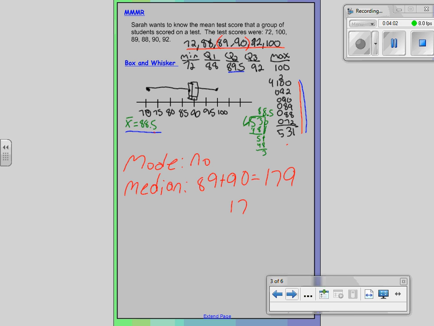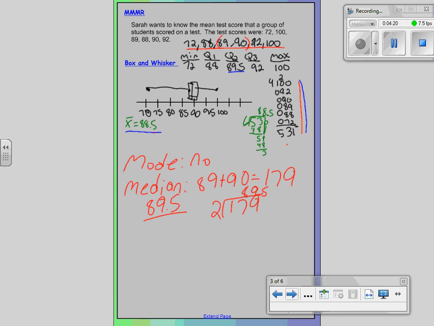You do 179 divided by 2, which gives me 89.5. Now you can do that, but if you look at 89 and 90, the number in between is 89.5. So our median is 89.5.